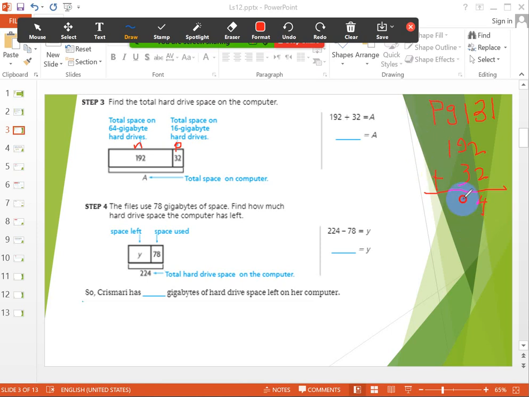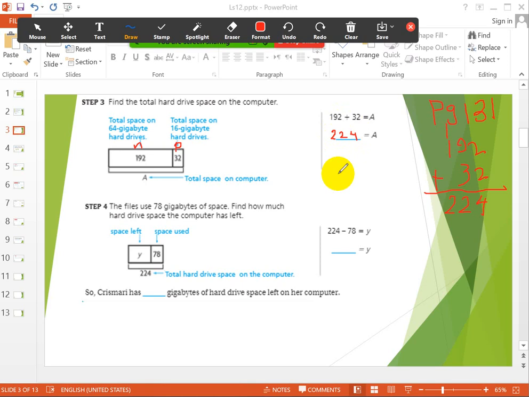So I will put 2 here and 1 above the hundreds. 1 plus 1, there is no hundreds right here, so it will be 2. So the answer will be 224 gigabytes. So here I have 224 gigabytes in my computer.